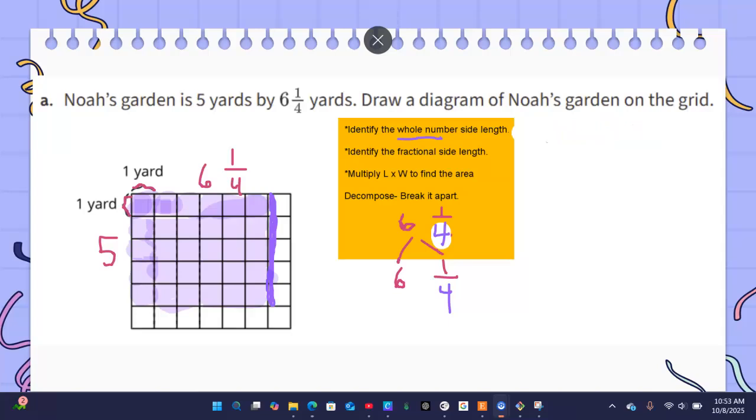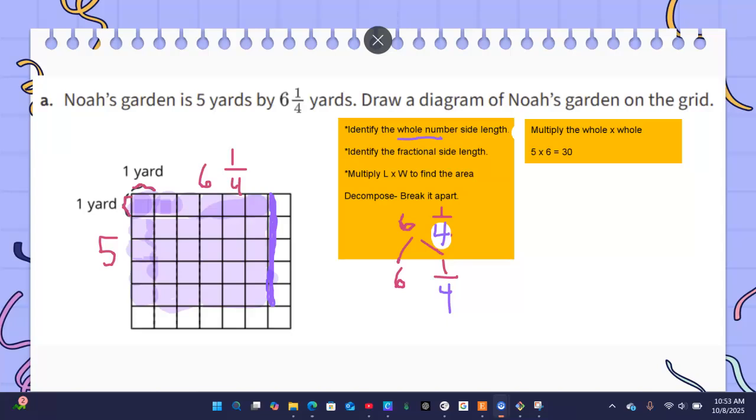Let me make it clear for everybody. Multiply the whole times whole. That will be 5 times 6, and that equals 30.